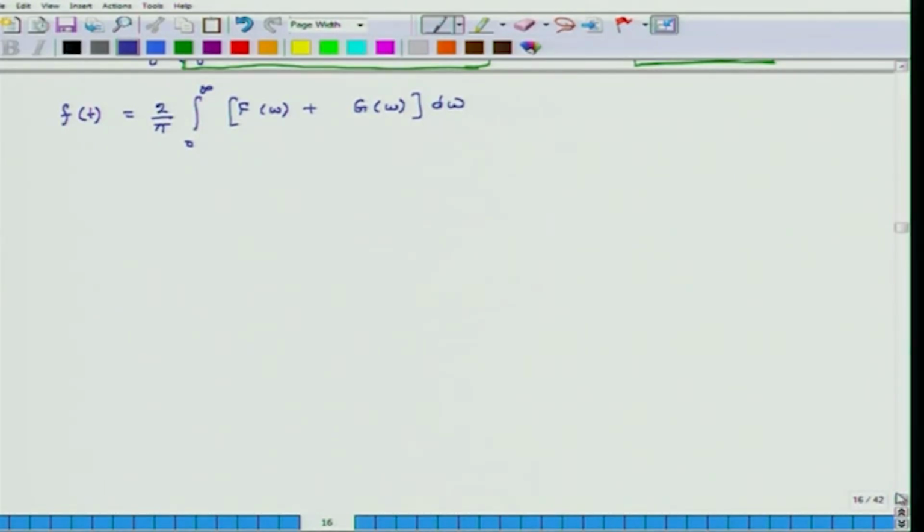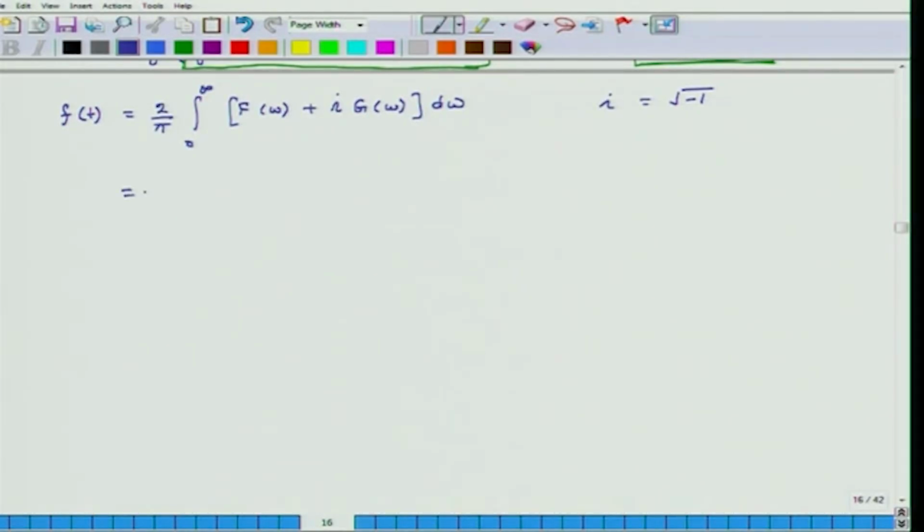So this expression is valid, and now what I will do is multiply it by some constant i, where i equals the square root of minus 1, and then still this expression is valid.